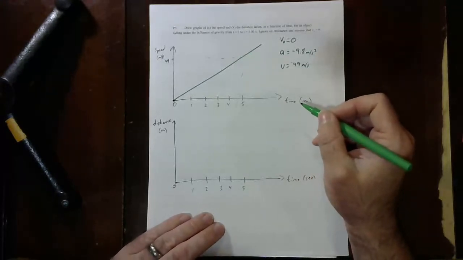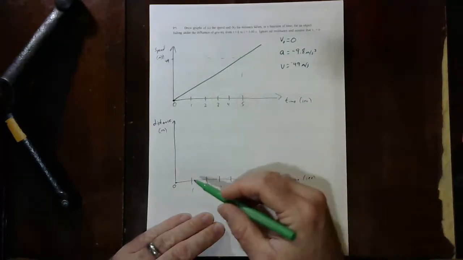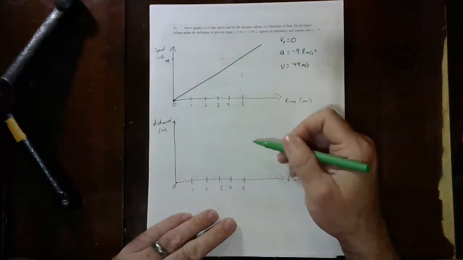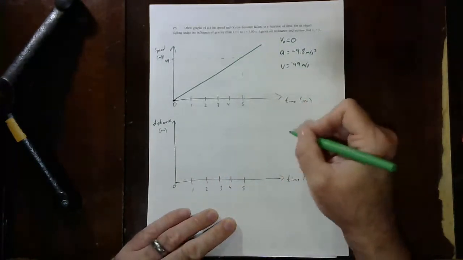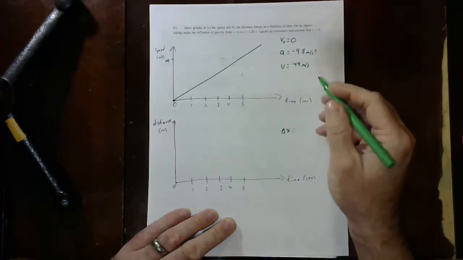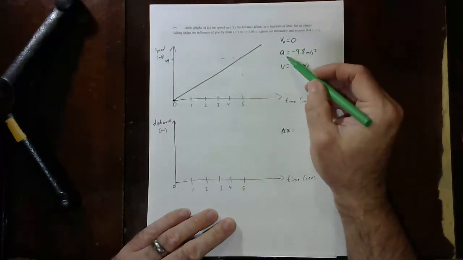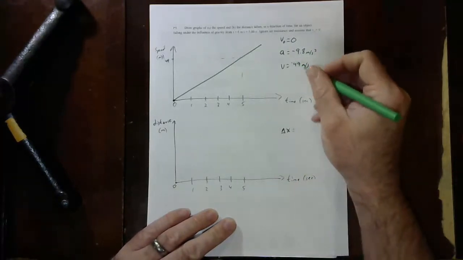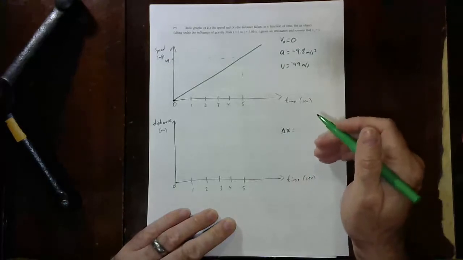So what I might do is find where this graph ends. Find the distance at the end. I'm going to solve for the displacement at 5 seconds, and I'm going to use a, v naught, v. We know t is 5 seconds. So we've got lots of good values to work with here.